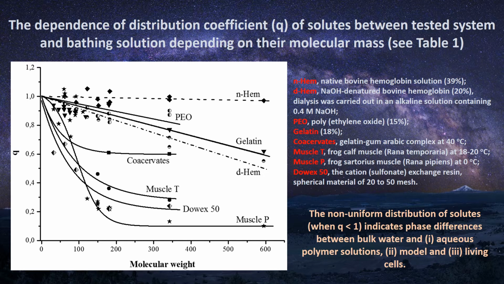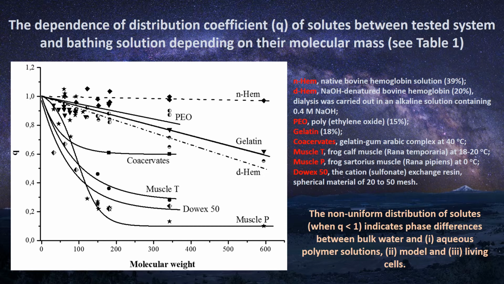The first subject is the role of protein conformation in determining its sorption properties in relation to water. The upper dashed line indicates that native hemoglobin, even in high concentration, 39%, placed in a dialysis bag, does not change the properties of water in the bag. We see that the distribution coefficients for all solutes studied are close to 1 in the case of native hemoglobin.